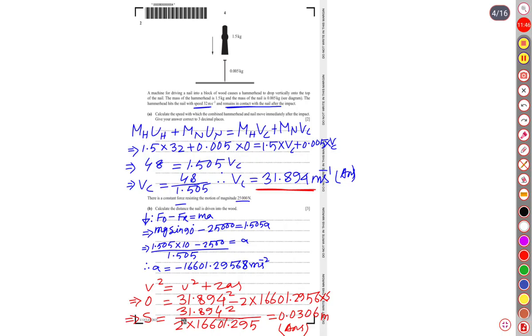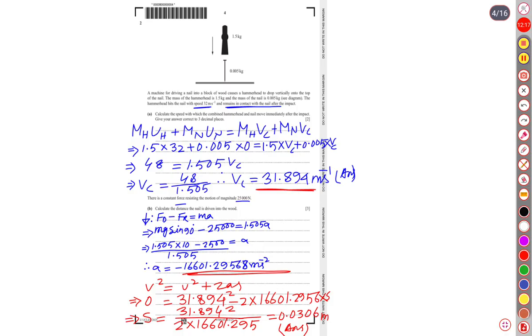For distance, we apply the suvat formulae. For any of the suvat formulae, acceleration is to be known, and acceleration can be obtained from Newton's law of motion. Using this acceleration, we have got that the nail went 0.0306 meter into the wood after being hit by the hammerhead.